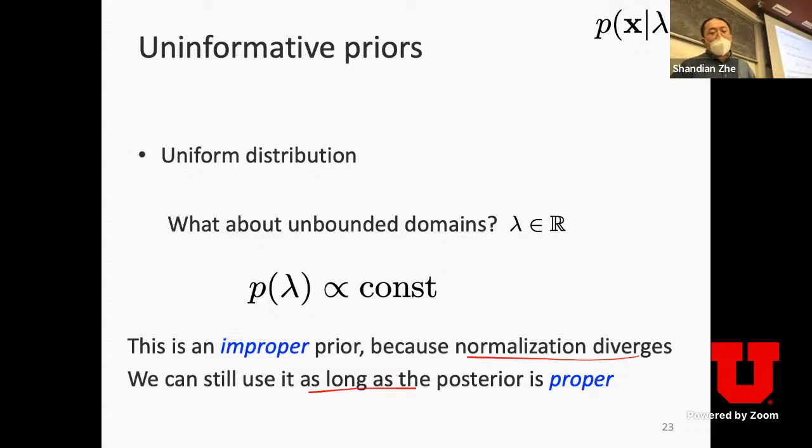As long as you plug this into your posterior distribution, P of lambda times P of D given lambda, which is the likelihood, if the posterior is still a valid posterior, then we can still use it. And this is called an improper prior.